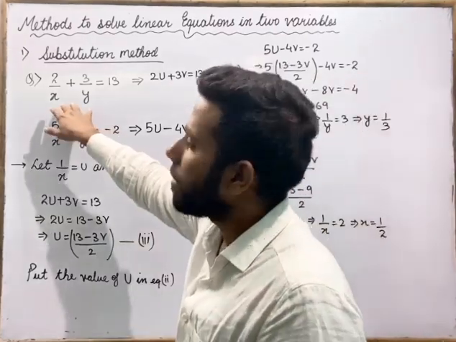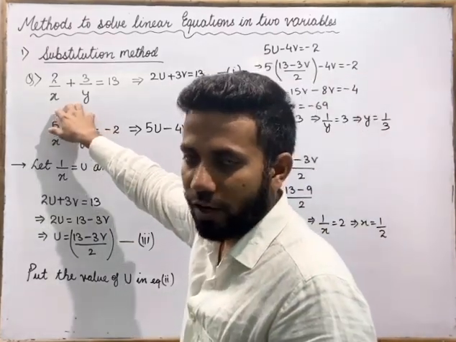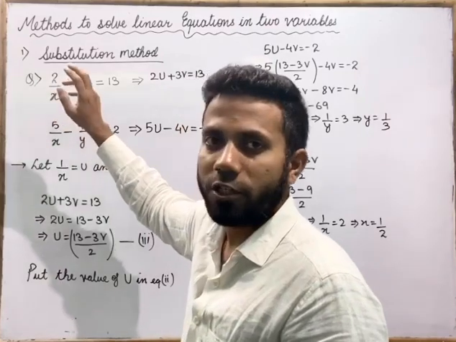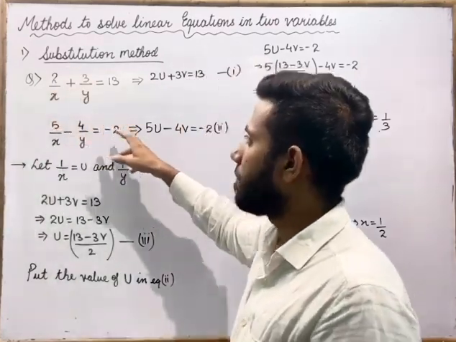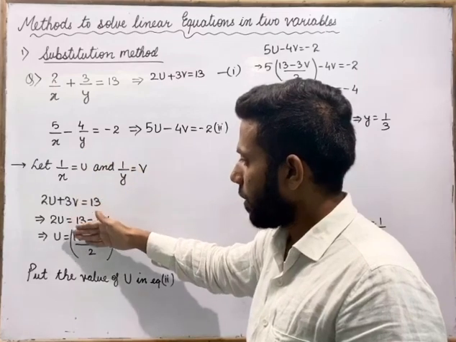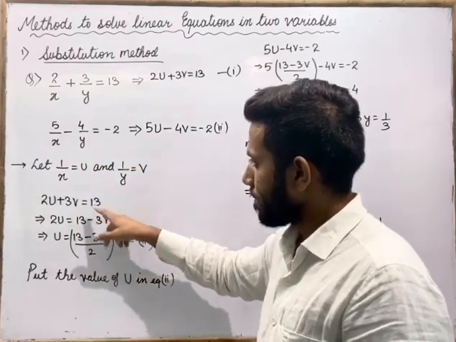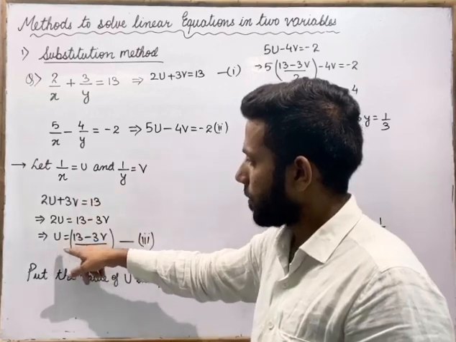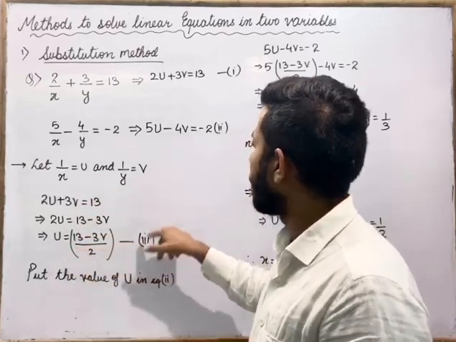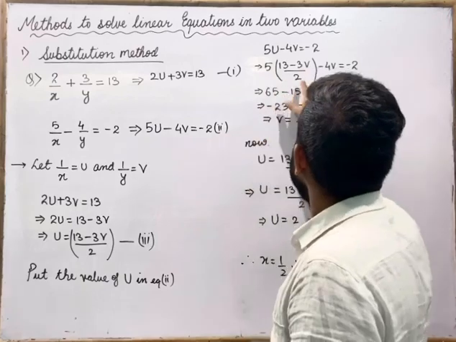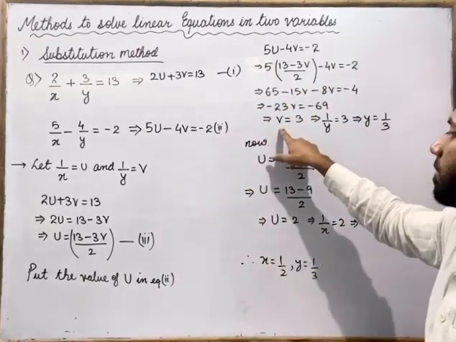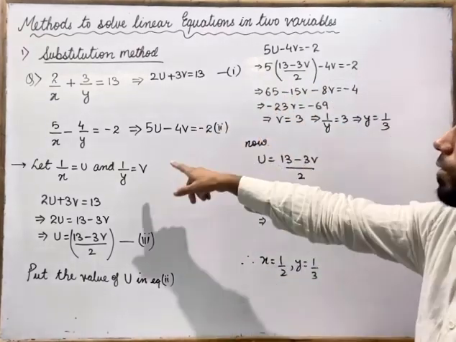Since the variables are in the denominator, we change the equation into the form of u and v. Once we have done it in the form of u and v, u is equal to this much; put this value of u here. We have evaluated, v comes 3. v was equal to 1 by y.